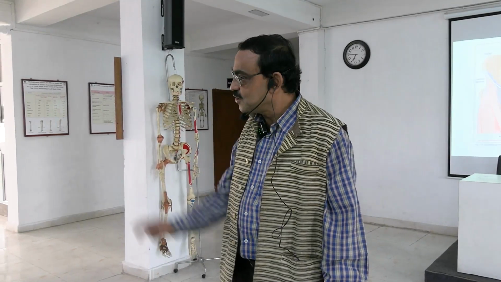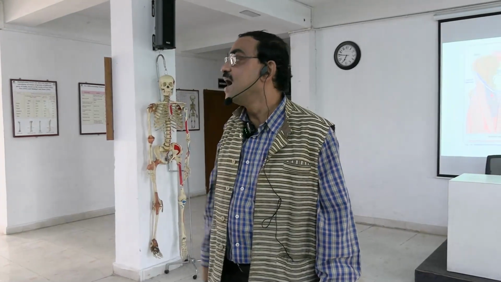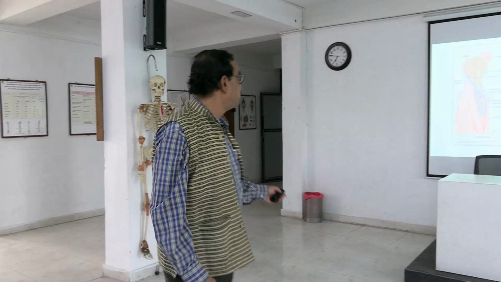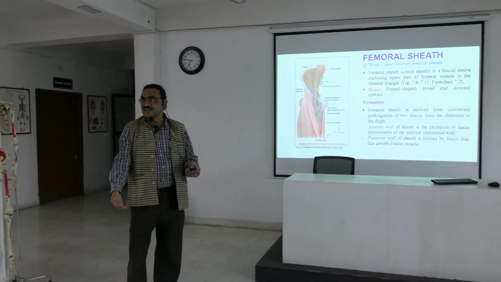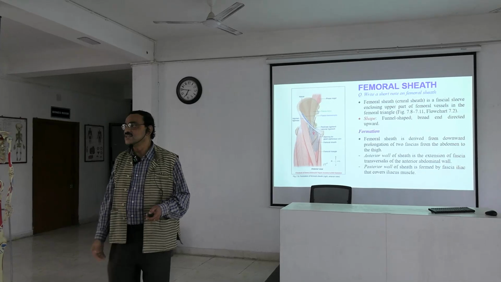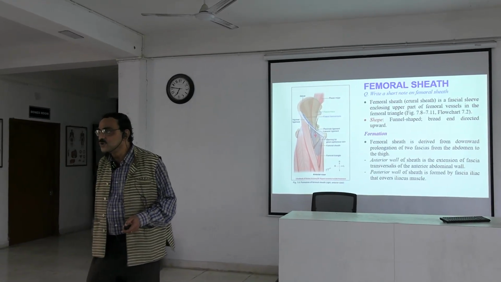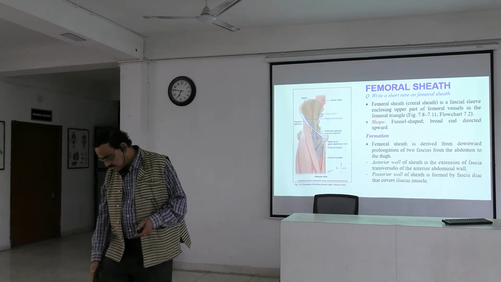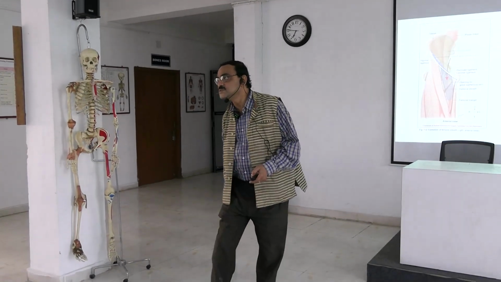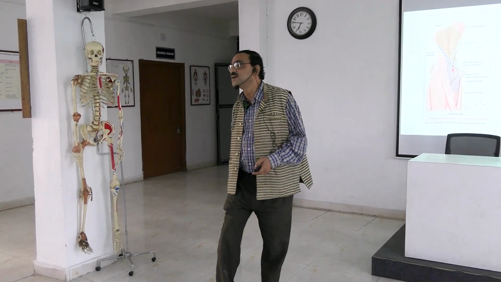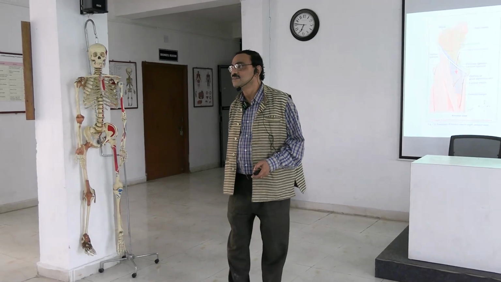So remember 2 fascia, fascia transversalis and fascia iliaca, because the femoral sheath is covered anteriorly by the fascia transversalis, and posteriorly by the fascia iliaca.